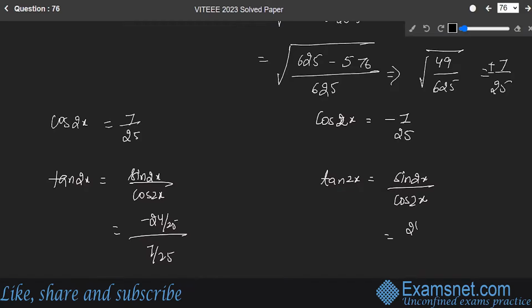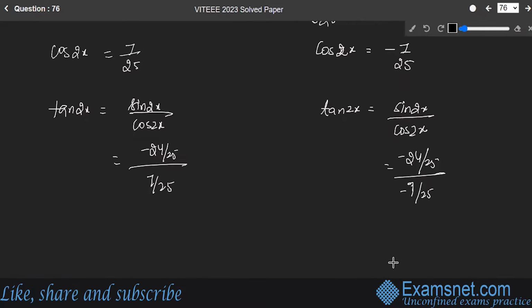This is equal to minus 24 upon 25 upon minus 7 upon 25. That gives you the value of tangent 2x as minus 24 upon 7, and here tangent 2x will be equal to 24 upon 7. So these are the two possible values.